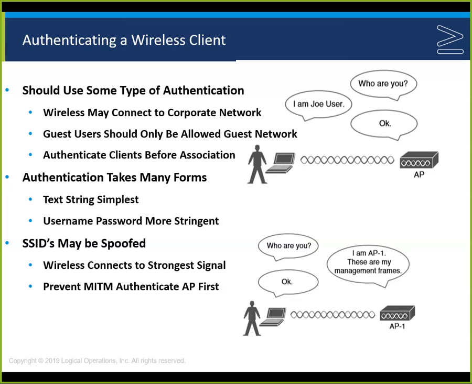Odds are that whoever put the rogue access point in there doesn't know what your authentication is, or obviously can't configure your Radius server in order to connect to it. So authentication should be required, and we really want to use usernames and passwords to the greatest extent possible to prevent these man-in-the-middle attacks.